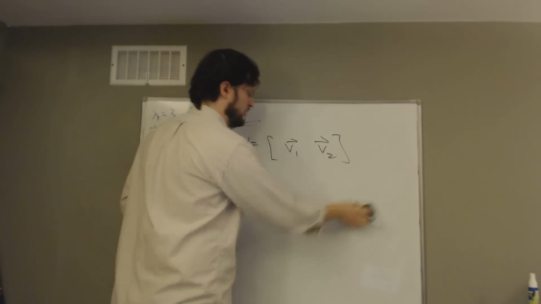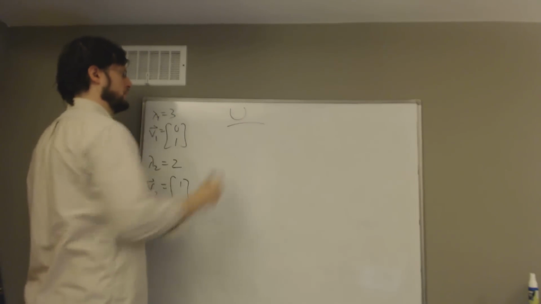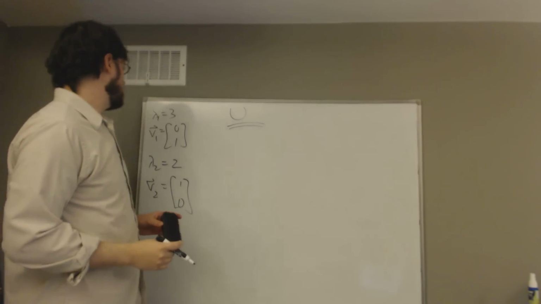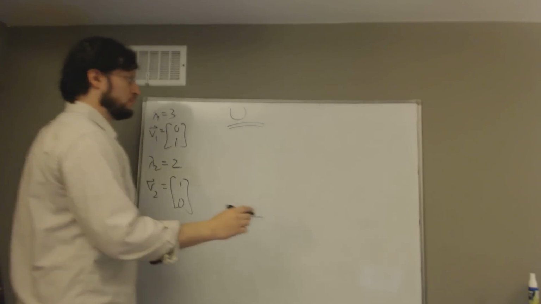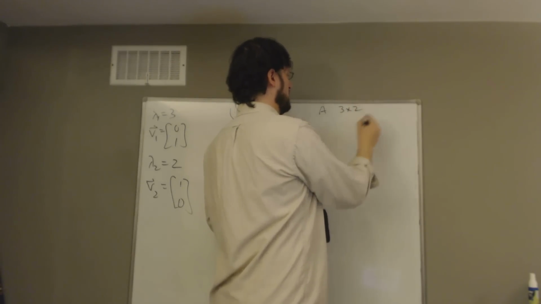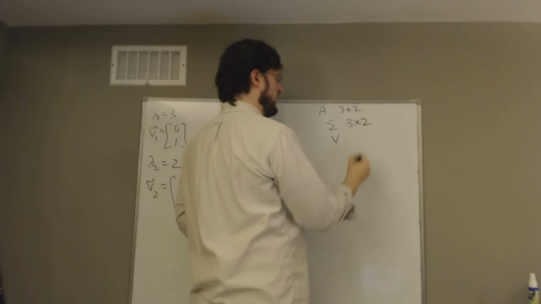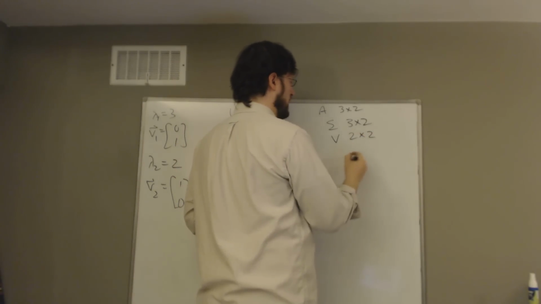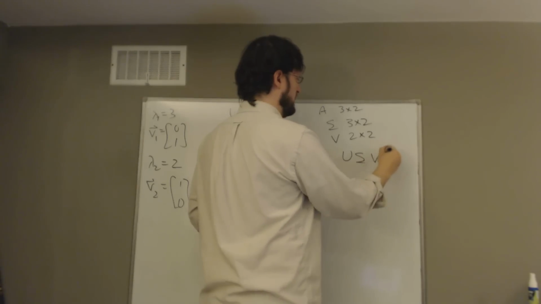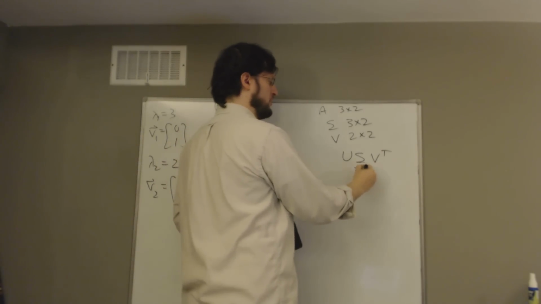Finally, U. U is often the toughest to actually construct. So when I want to construct U, remember what I need to do. Notice that A was 3 by 2, sigma was 3 by 2, V was 2 by 2. So if I'm looking at U sigma V transpose, sigma is the same dimensions as A, which is 3 by 2.